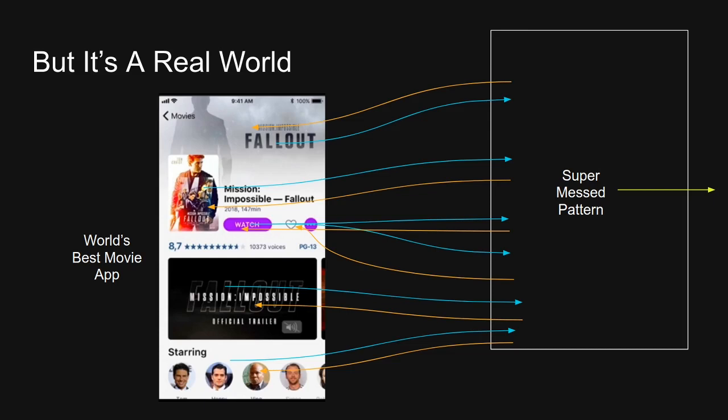Like you can see in this diagram, you have multiple inputs and multiple outputs. The blue arrows are showing the inputs, and the yellow lines are showing the outputs. For each button, each click, each touch, you are sending multiple inputs to your pattern, and then you are receiving multiple outputs like update the favorite button, watch the trailer button clicked, these kinds of things.